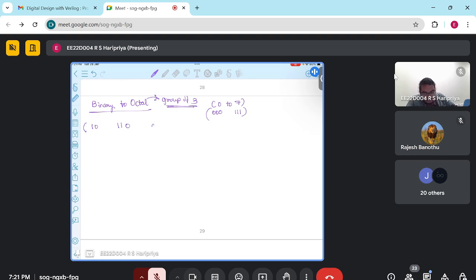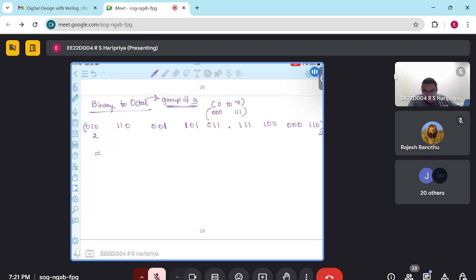So if we consider this as the binary number, while writing itself, I am writing it as groups of 3. So this is in binary. What will be the equivalent in octal? This is 2.